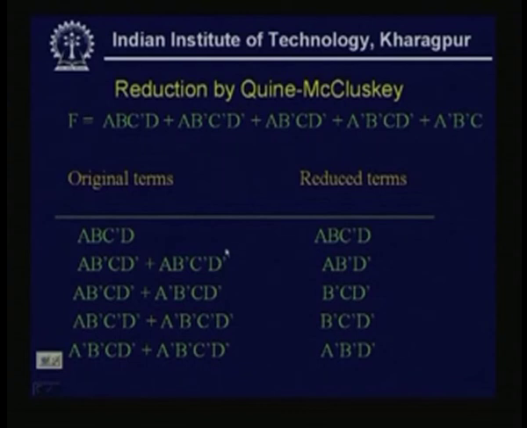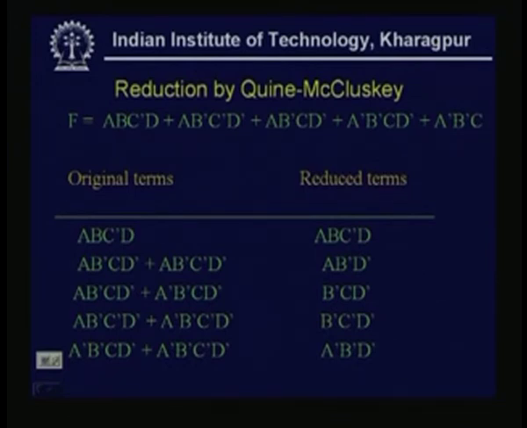Now, because we have taken the terms with the same number of complemented variables, here we have a b dash c d dash plus a b dash c dash d dash. Here a, b dash and d dash, these 3 variables are the same, whereas only c varies.